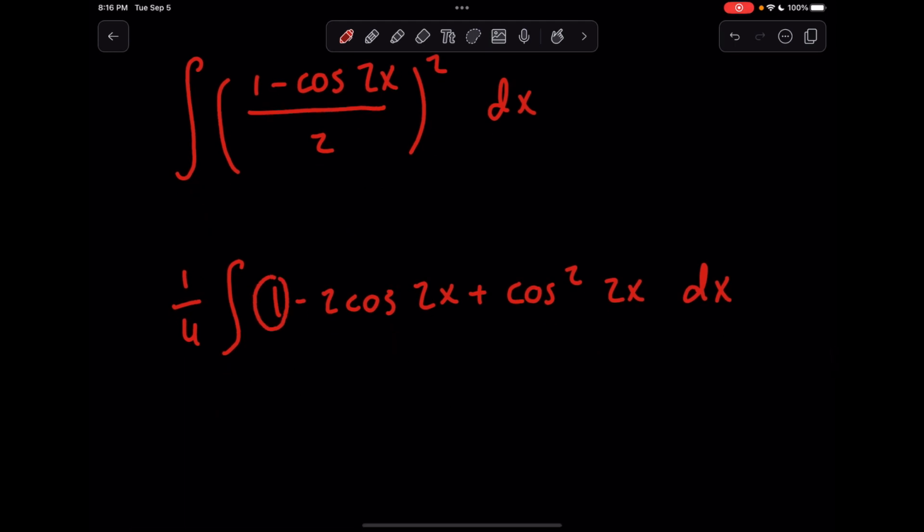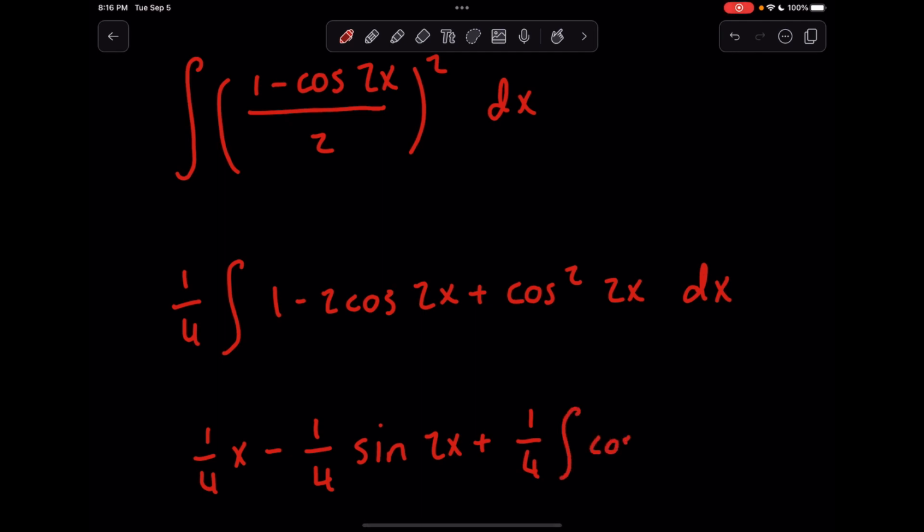Now we can start by taking the integral of 1 is just x times our 1/4. This integral here will become negative sine 2x, but we have a 1/4 in front, so that's 1/4 sine of 2x, plus, and now we have 1/4 integral of cosine squared 2x dx.